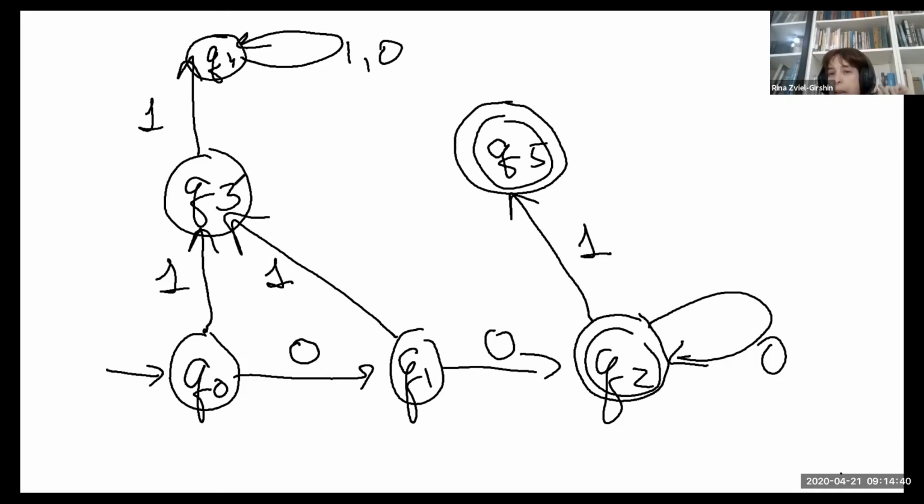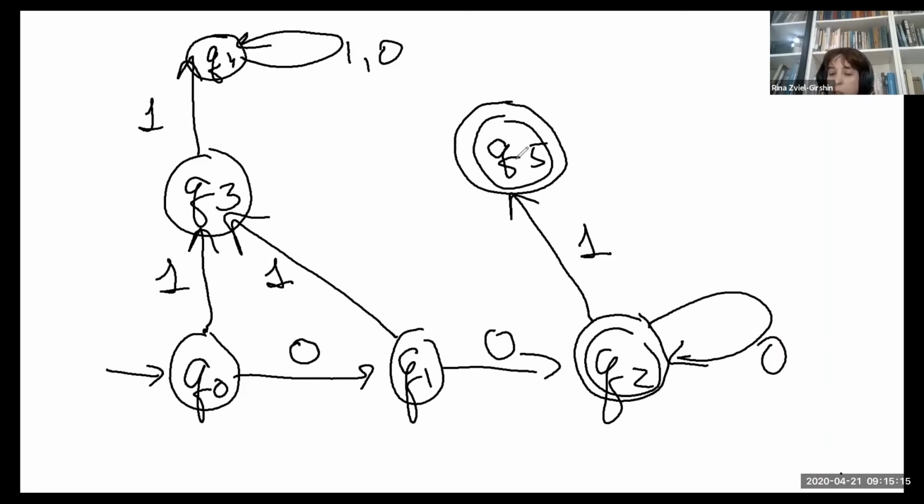The problem with Q3 is that it is not an accepting state, and when I'm at Q2 and I saw 1, I still accepted substring 00. So I should continue with an accepting state. So Q2 with 1, we move to the new state, Q5.